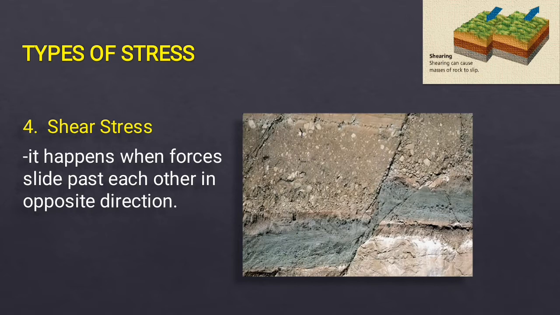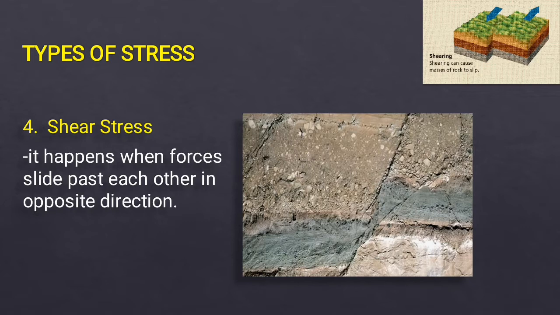A rock's response to stress depends on the rock type, the surrounding temperature and pressure conditions the rock is under, the length of time the rock is under stress, and the type of stress. Rocks have these 3 possible responses to increasing stress.